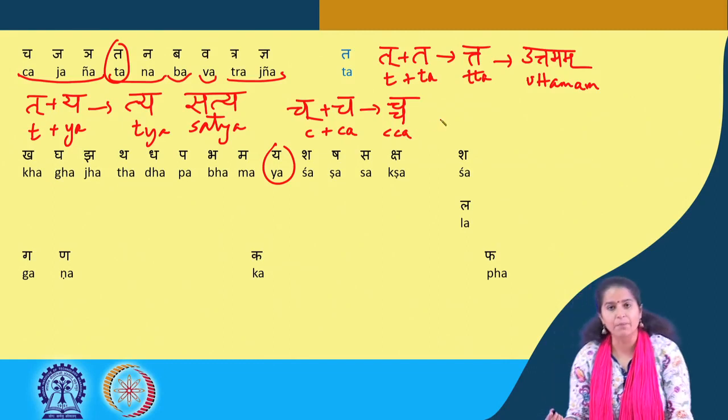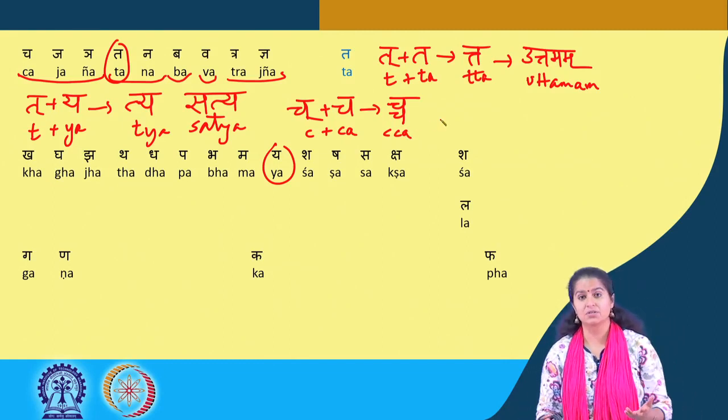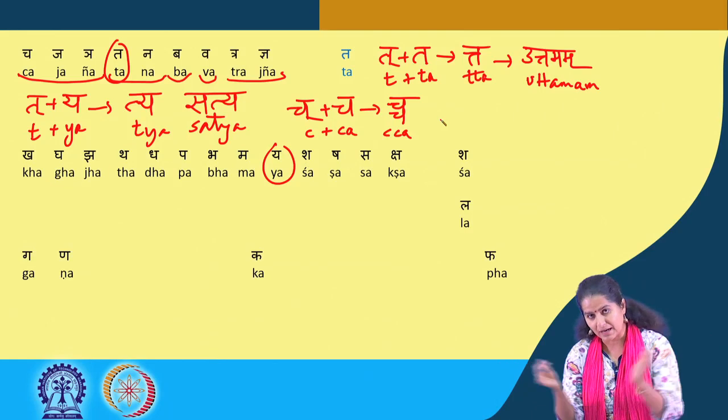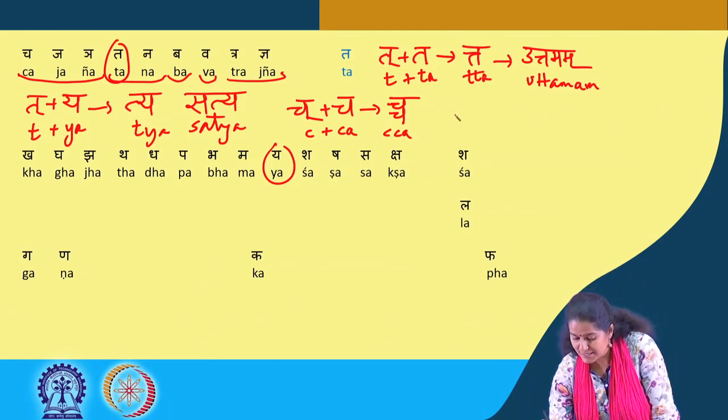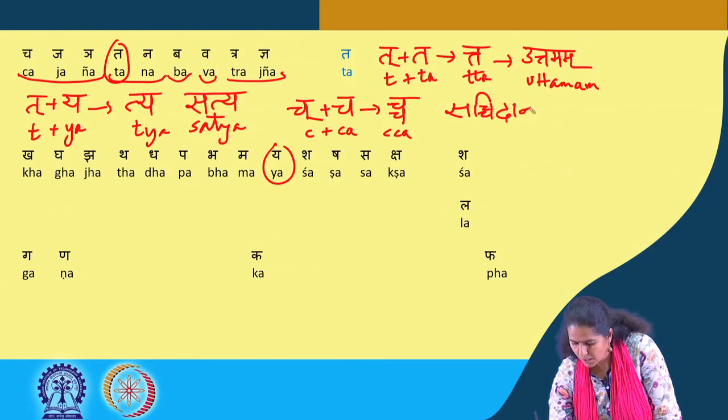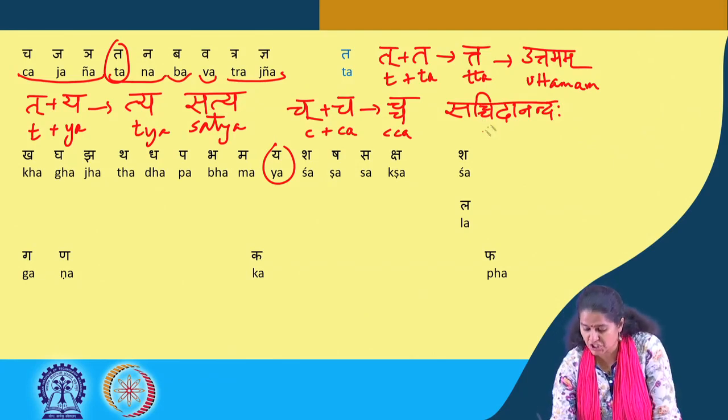And I'll give you an example of a word. Another very important three words that are combined is the word Satchidananda. So we see that it has become Sachi.